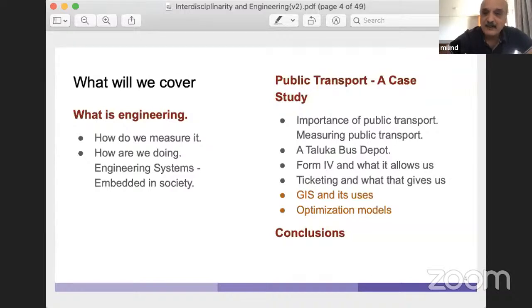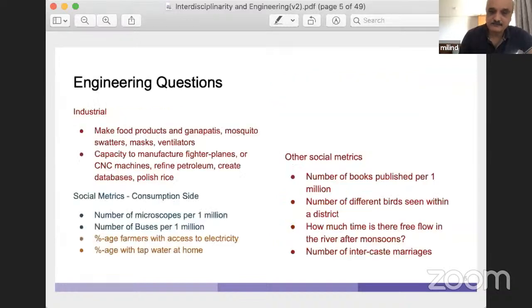Taluka is a tehsil in north of India, and it's probably Mandal in Telangana and Andhra Pradesh. It's Taluka in Karnataka and in Maharashtra. Then we are going to look at some of the data sets, Form 4 and ETIM ticketing. Then we will look at some computer science mapping of it, which is GIS and optimization, which it's closest to, and then we will conclude.